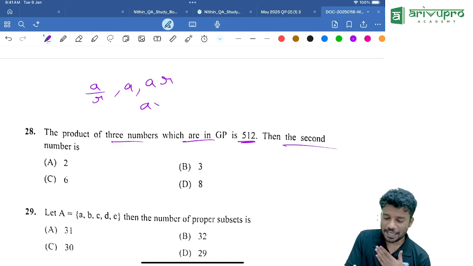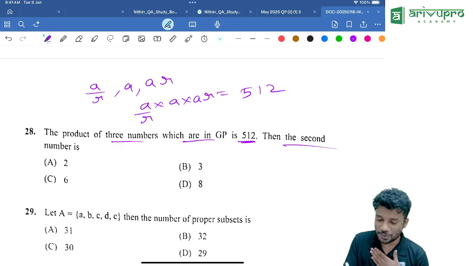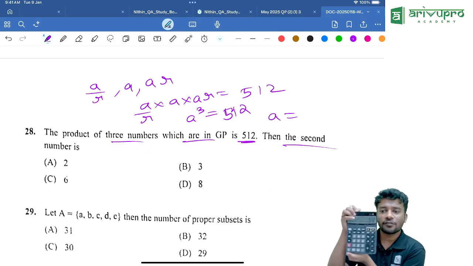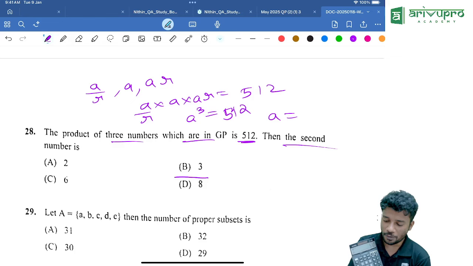That means A into A by R into AR is equal to 512. From this, A cube is equal to 512. What cube is 512? 8 cubed is 512. So just check the options.